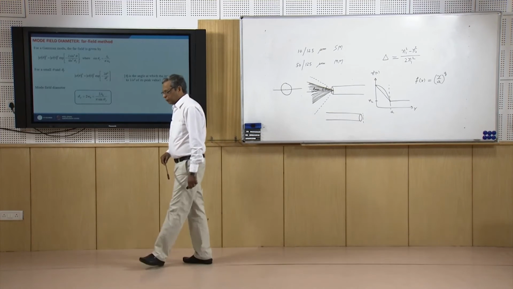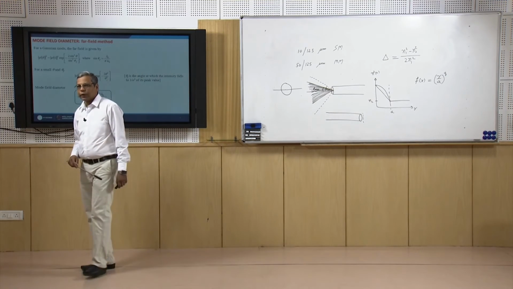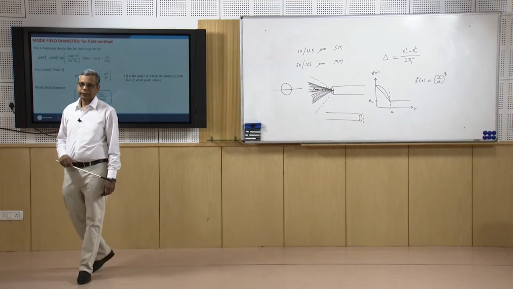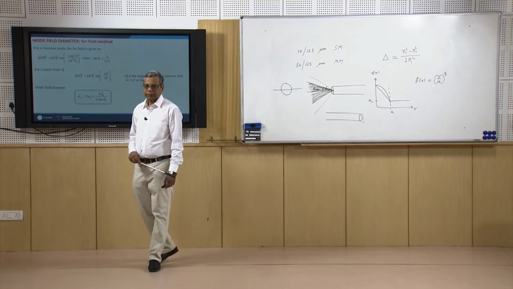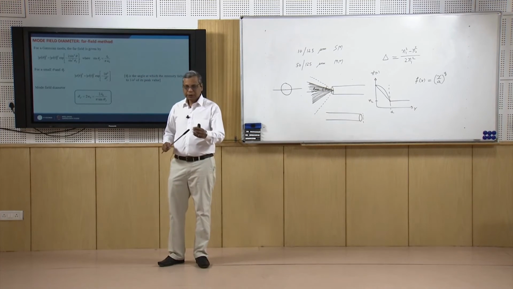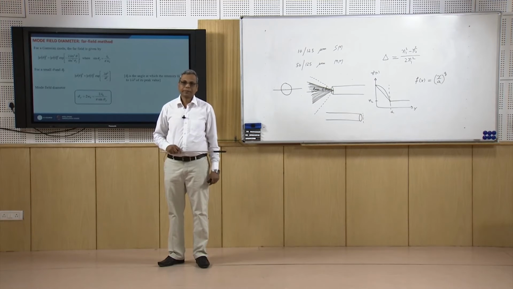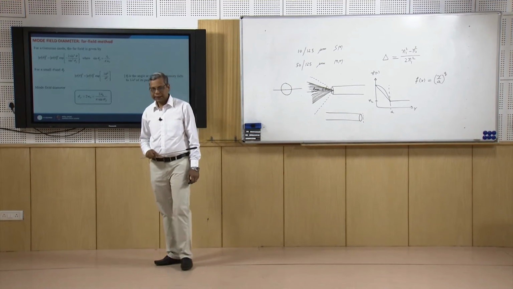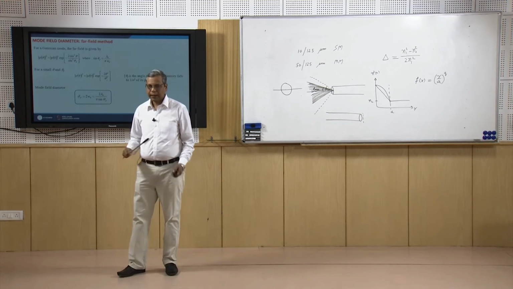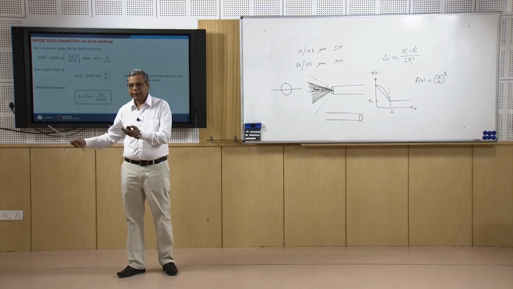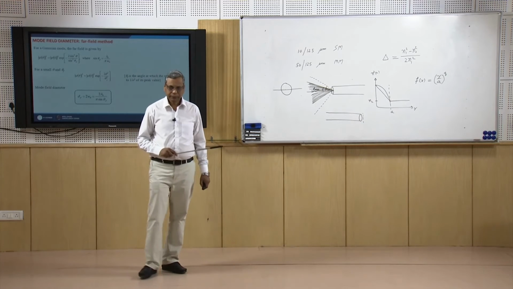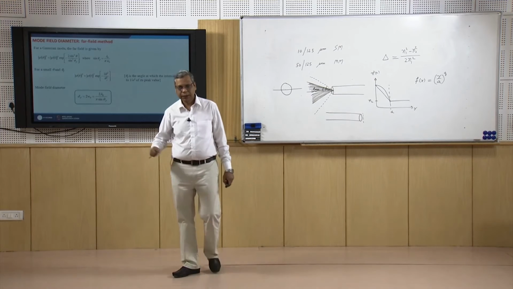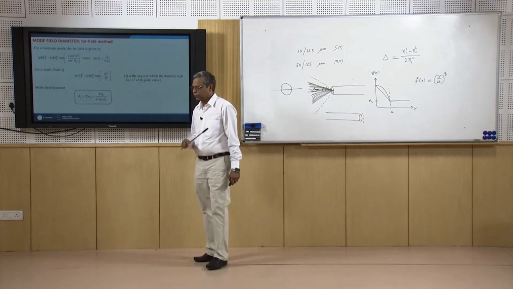So, I know that for a single mode fiber the fundamental mode can be very well approximated by a Gaussian, and what I do in this method, as this Gaussian mode comes out of the fiber, I let it propagate over a small distance, maybe a centimeter or two, so that I see the far field.